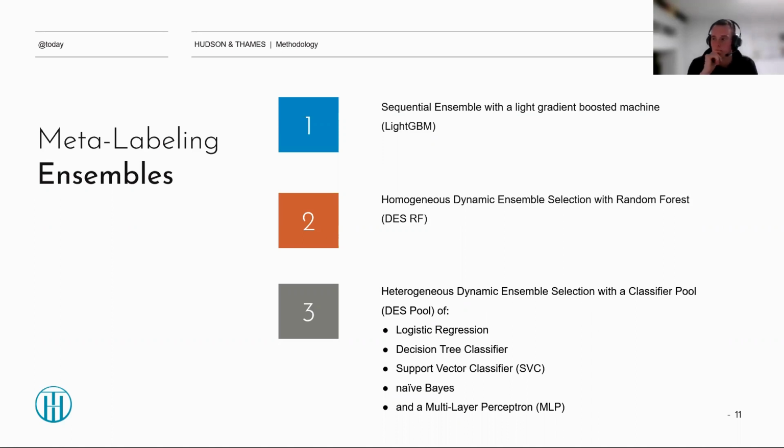When I talked before about models of same kind and models of different kinds: homogeneous means models of the same kind, like in a random forest, where you have decision trees, whereas heterogeneous means models of different kinds. So for our classifier pool, we use logistic regression, a decision tree classifier, a support vector classifier, a naive Bayes, and a multilayer perceptron. Our idea was to cover low bias and high variance models as well as the others.